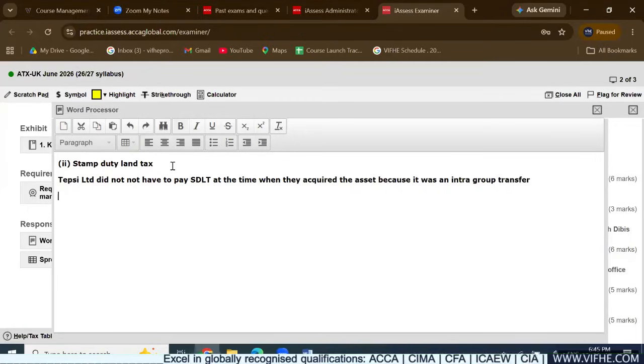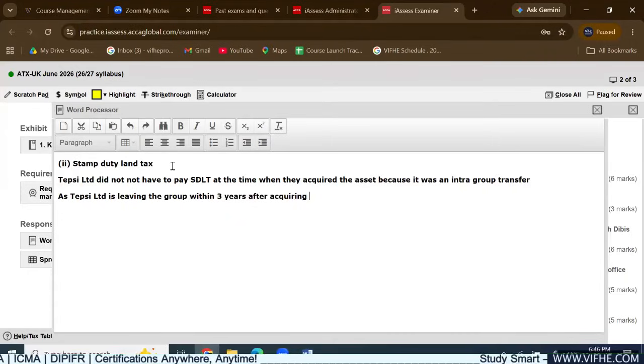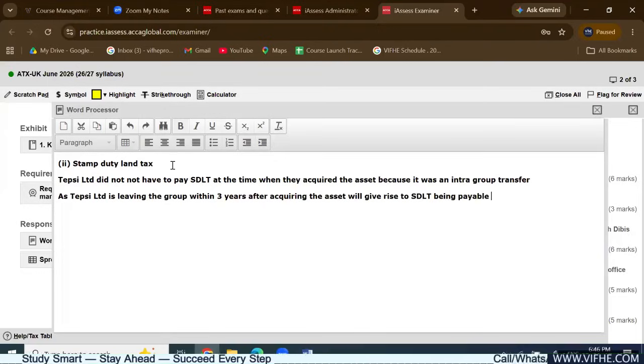But as Pepsi Limited is leaving the group within 3 years after acquiring the asset, it will give rise to stamp duty land tax being payable by them. And I'm just going to show the calculation.